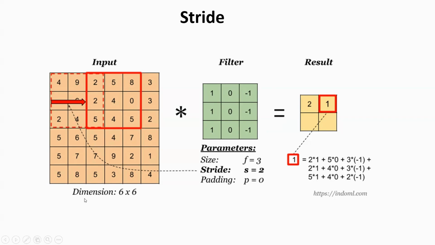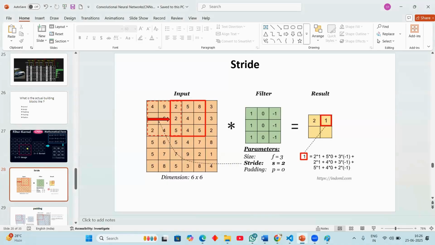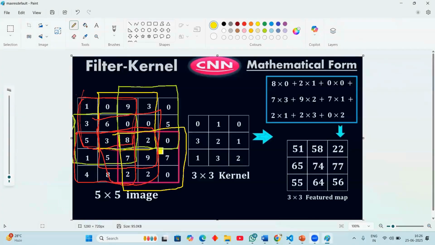So what happens if we start with 492 like this? It leaves one column and one row. I will show it in Paint too.